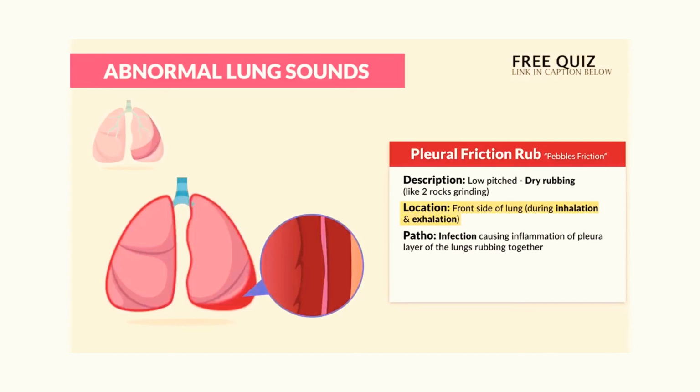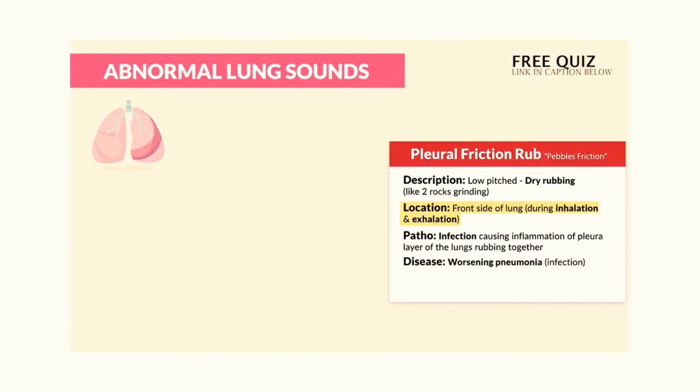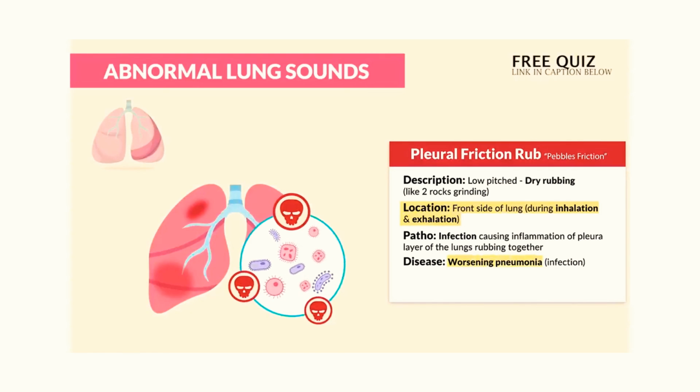Now, the disease to focus on is worsening pneumonia, that infection. A lot of test questions will ask for signs and symptoms that indicate worsening pneumonia, and the answer usually always includes pleural friction rub.